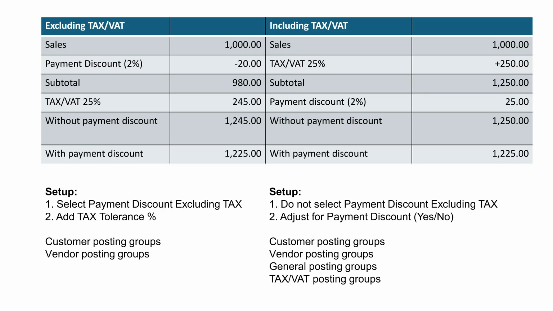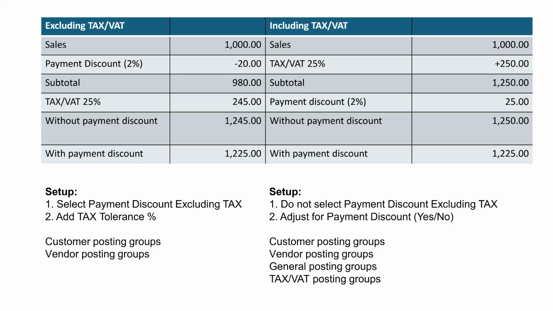Whereas in the including tax section, you will not need to select the payment discount excluding tax option, but you will have to select the adjust for payment discount, and then you can choose to adjust yes or no, based again on the region that you operate in and how your business operates payment discounts.